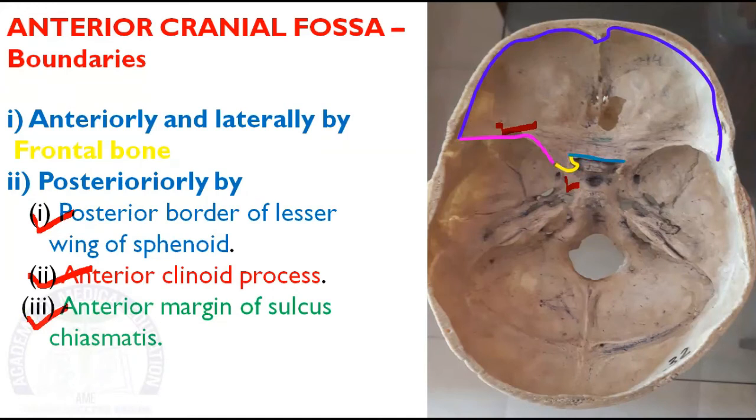This is the sulcus for the chiasma of the optic nerve, and this is the anterior margin of the sulcus chiasmaticus. So anterolaterally it is bounded by the frontal bone, then posteriorly by the posterior border of the lesser wing of the sphenoid bone, then the anterior clinoid processes and the anterior margin of the sulcus chiasmaticus. These are the boundaries of the anterior cranial fossa.